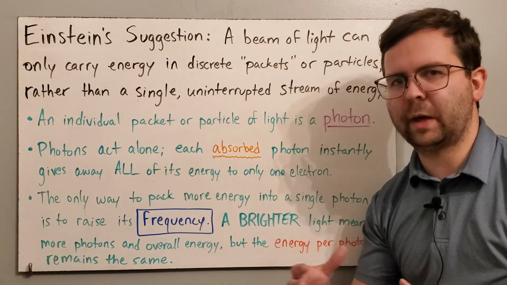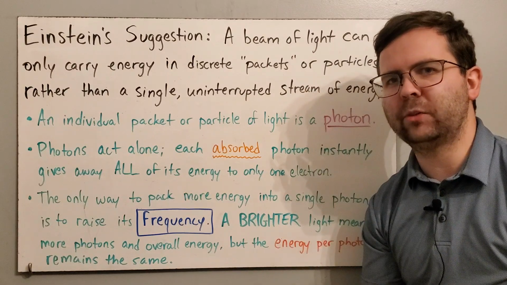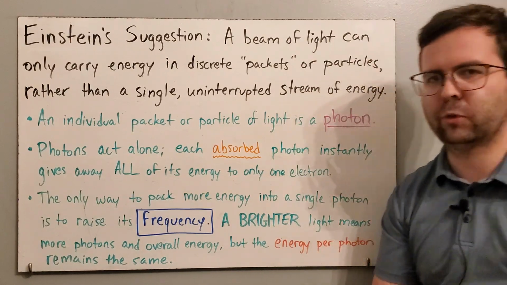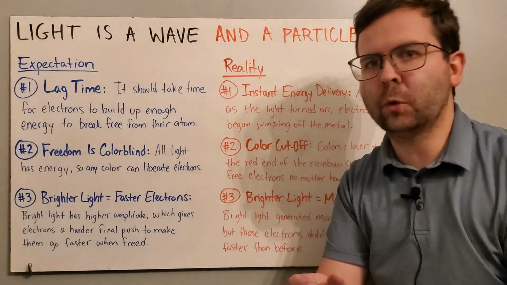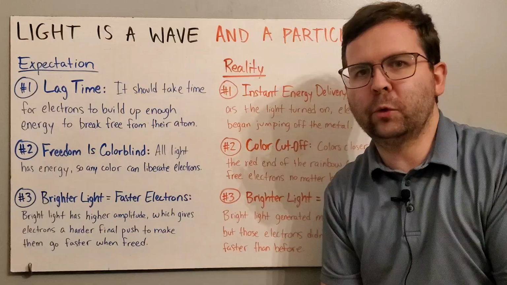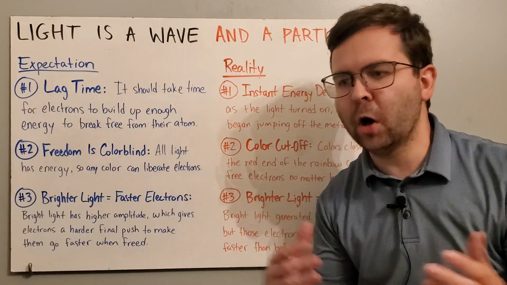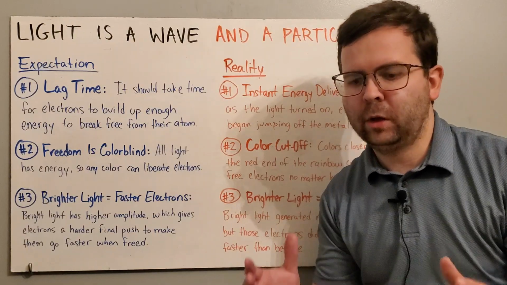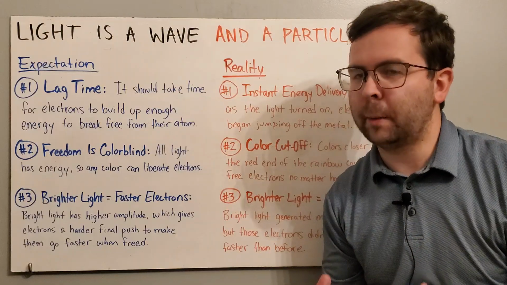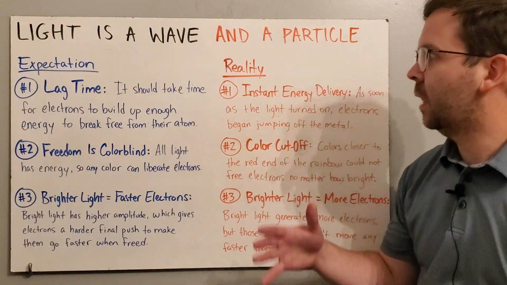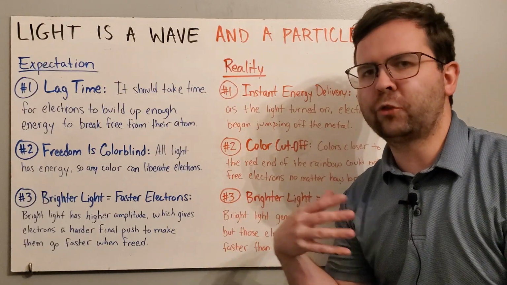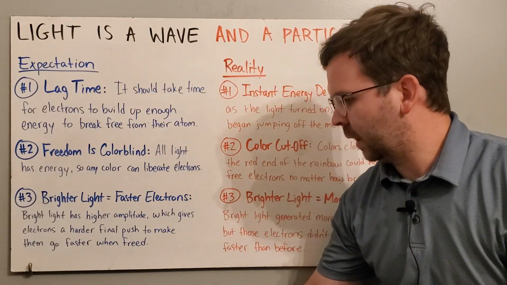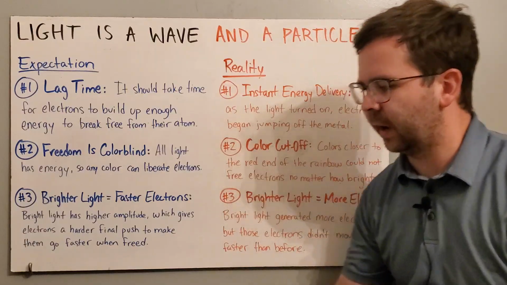So these explanations help to make sense out of the reality that we saw before. So while light clearly shows signs of being a wave in other kinds of experiments, if we view light as a particle at some points, then we can start to make sense of this reality. How can light deliver so much energy so quickly, and why does it depend on the color of the light?